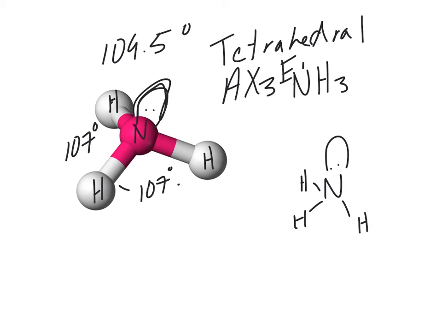So the difference is 107 degrees between those hydrogens right there. So again, the situation we have here is normally 109.5, but because of those unpaired electrons at the top of the tetrahedral pushing down on those hydrogens, 107 is the new angle.